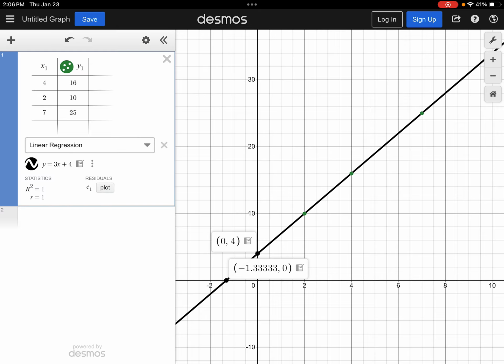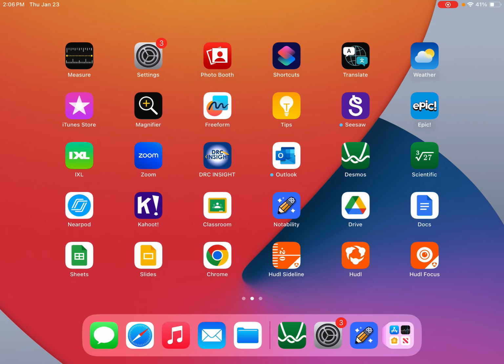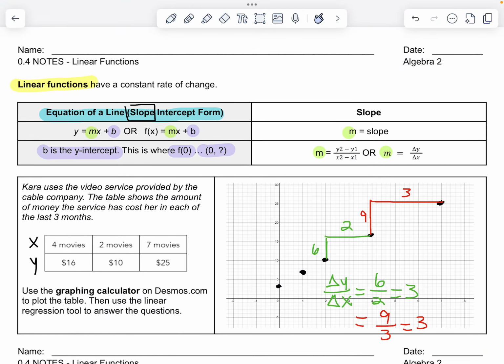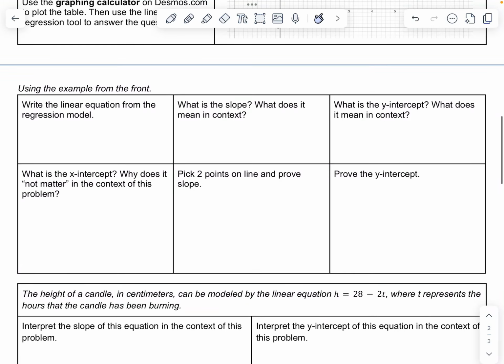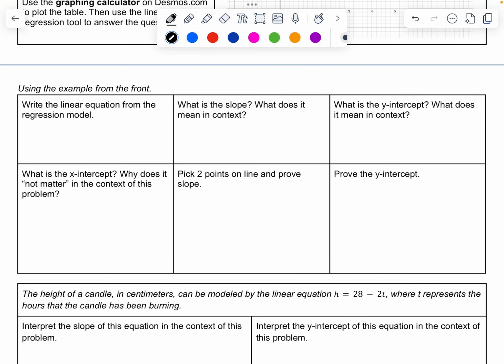We turn the back side over to the notes, and we'll go ahead and try to answer some of these questions, such as write the linear equation from the regression model. Well, remember, it told me that the equation of the linear regression model is y is equal to 3x plus 4.